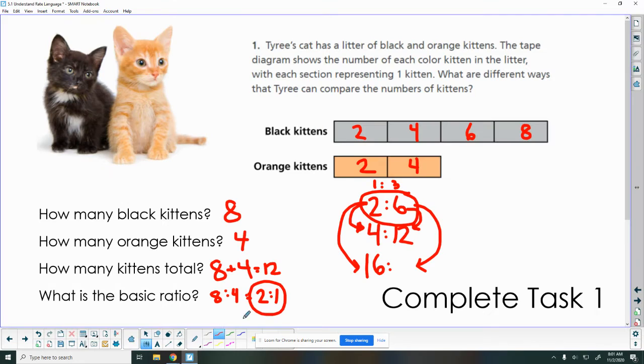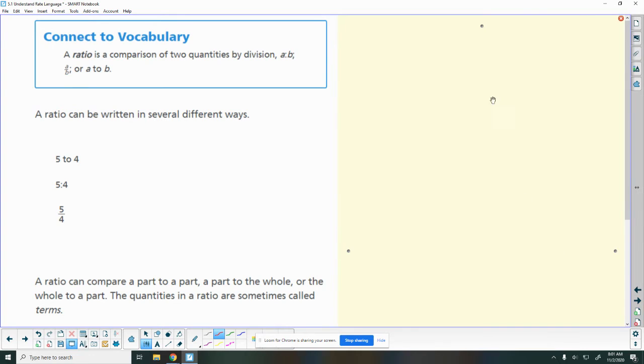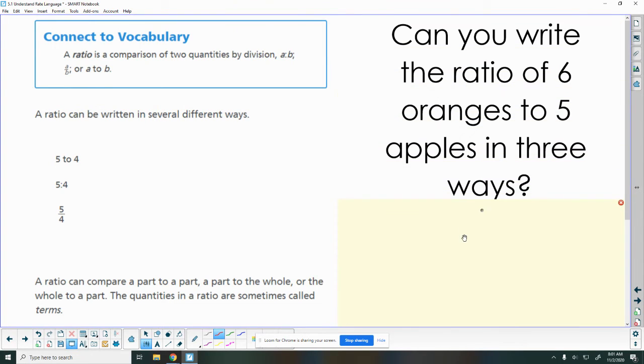So let's do a little practice here. So we have a ratio of 6 oranges to 5 apples. So I want you to pause and see if you can write that in 3 different ways. So go ahead and do that and then come back and check. So I know oranges has to be first because that's what was given first. So I could say there are 6 oranges to 5 apples.